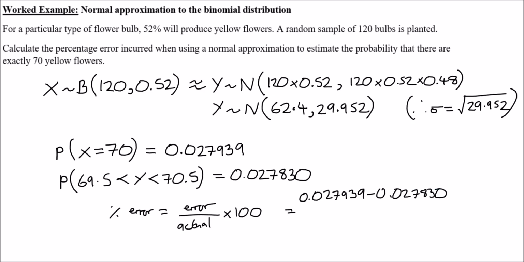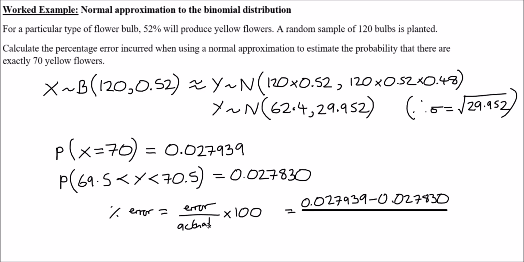So we're going to take that, and divide that whole thing by the actual. So the exact, without approximating with a normal, the exact is 0.027939. Then multiply that fraction by 100 to change it into a percentage error rather than a fractional error.